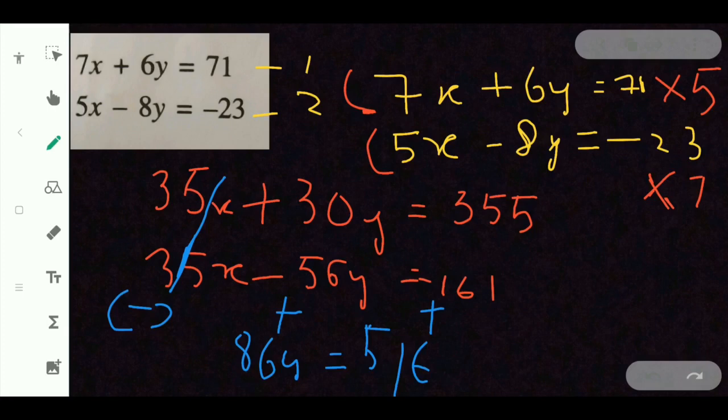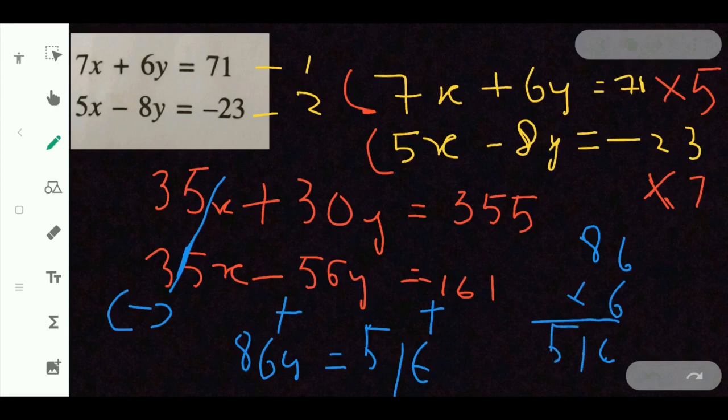So let's try in which table or in which multiplicand it will be solved. So 86 into 6, which is equal to 36, 6 sixes are 36, 6 and 3, 8 sixes are 48, 51, plus 3 is equal to 51.